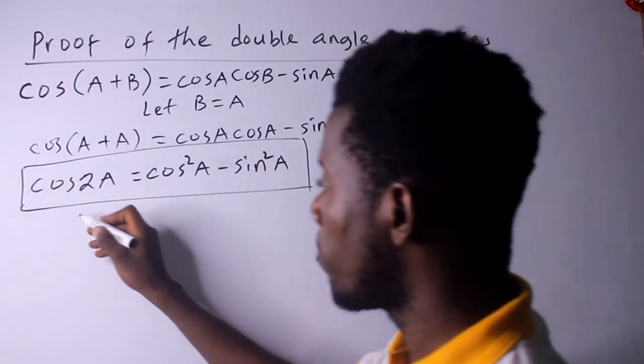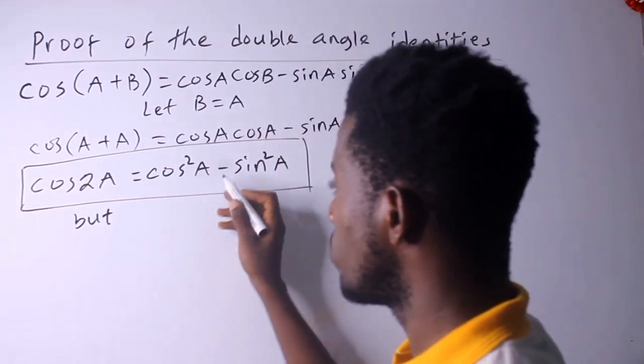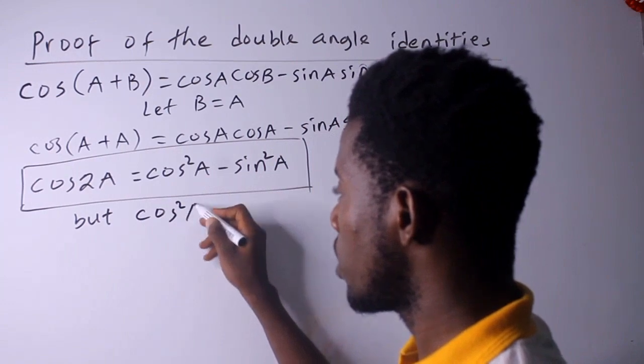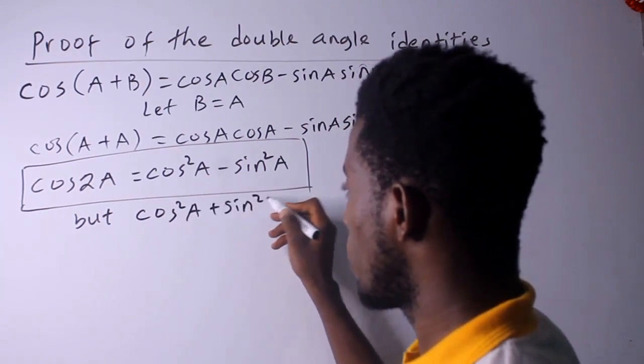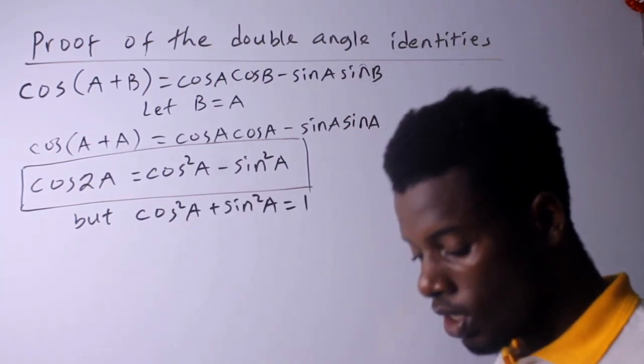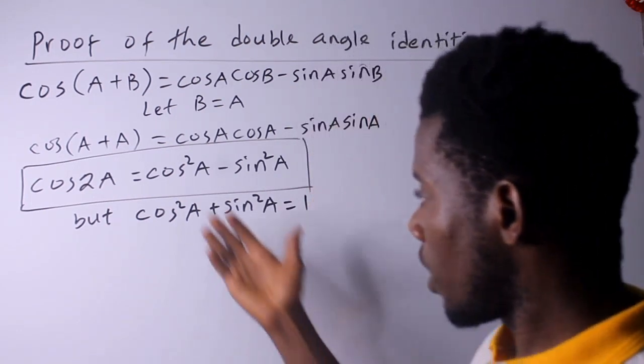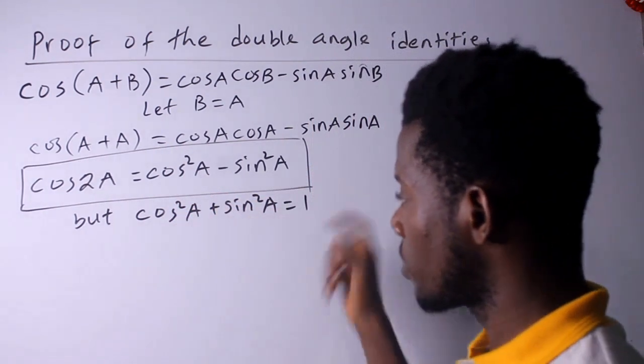Now, remember from the Pythagoras theorem, you have a relationship between cos squared and sin squared. You know that cos squared A plus sin squared A equals 1. This is the Pythagoras identity for trigonometry. So I can make cos squared A the subject by sending sin squared A across.